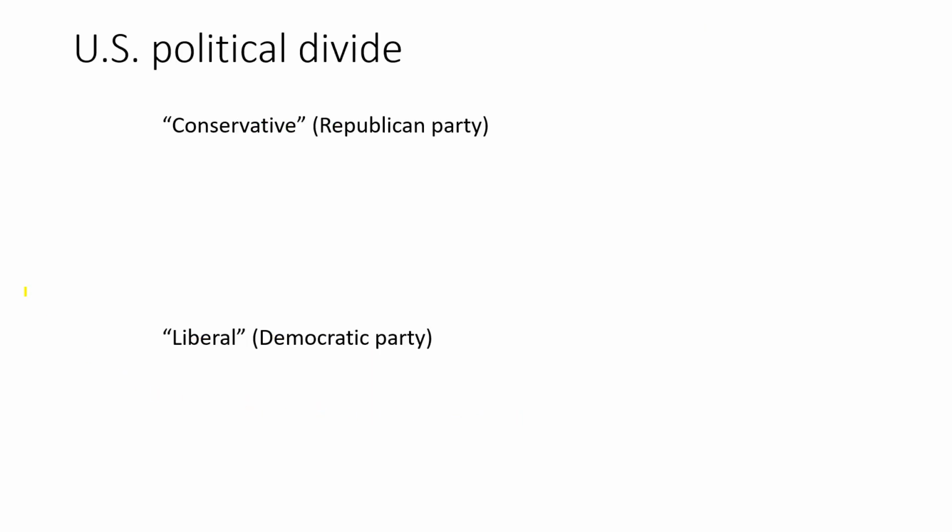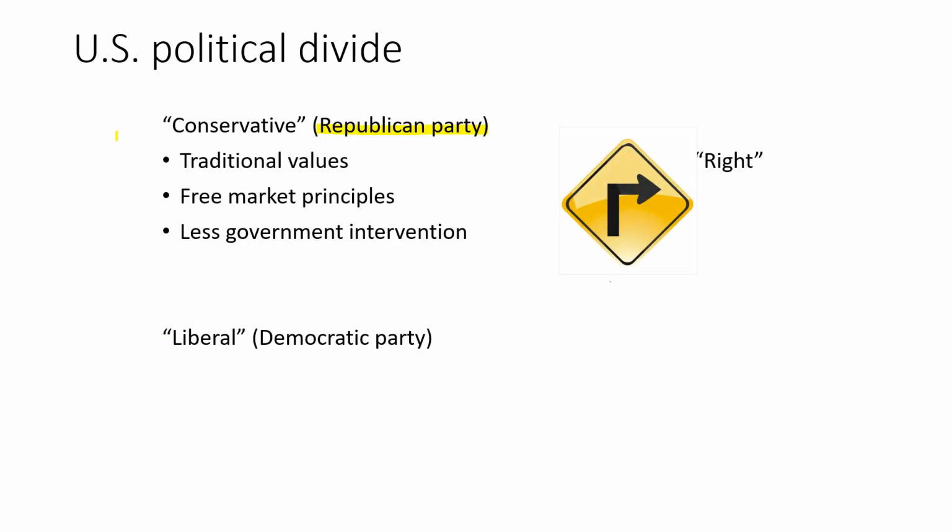So finally, let's look at just a quick intro into the United States political divide, and that's between the conservative side of politics. We have a two-party system. We'll touch on that a little bit more. The Republican Party is on the conservative side of politics. Again, these are general things because in the last administration, there's been lots of things going on that may not have been traditionally Republican as far as what we've seen in the past.